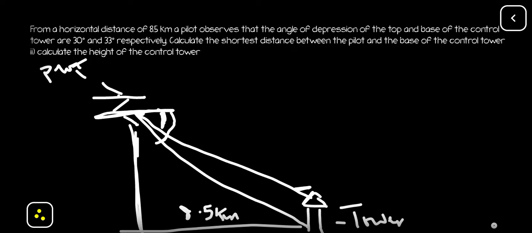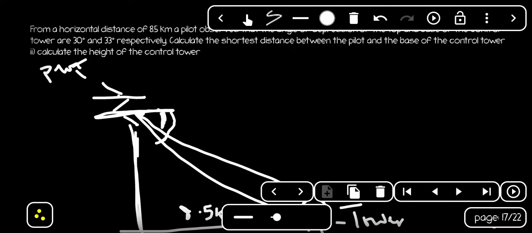So you see it forms a very strange diagram here. So if you want to redraw this, you can have the pilot here, and then the base and top. Let me do it this way. The base and top of the tower will be something like this. Okay, so this is the pilot here. This is the tower here. Okay, and put it something like this.